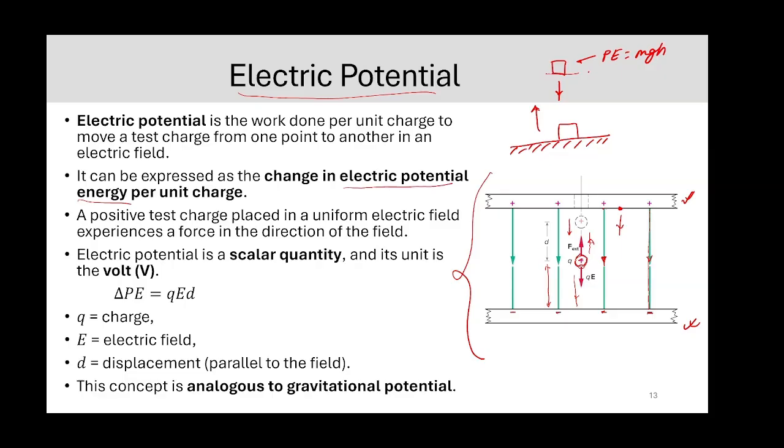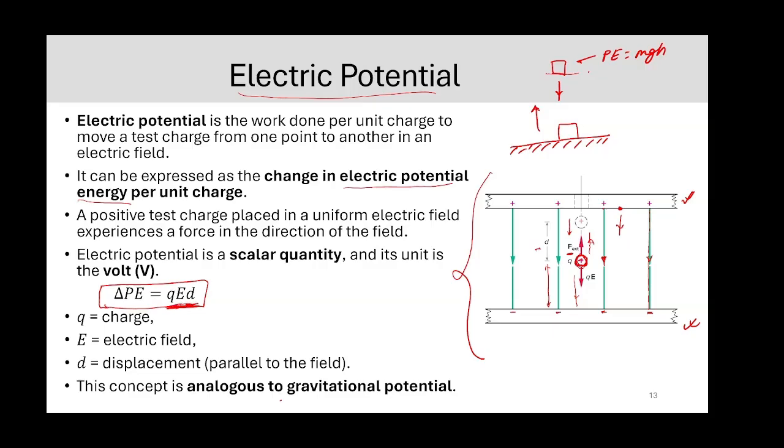If the force applied is F, and the distance covered by this positive test charge is d, then we can calculate the work done, and using the work done we can calculate potential energy. As we know, work done is basically the change in energy. And like we did in the gravitational field, we can define the change in potential energy as charge times electric field times distance covered.